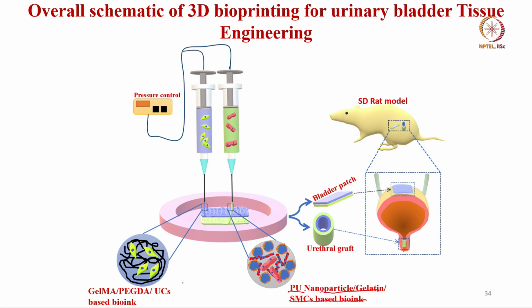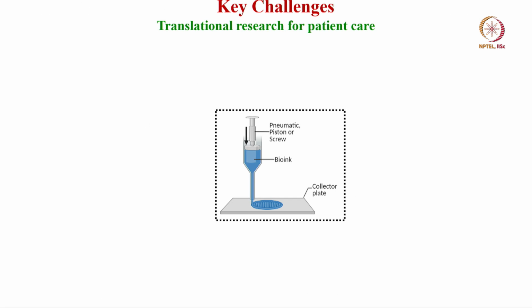So two different kind of bioinks, you can print it or coaxial printing. Then you can essentially construct either urethral graft or bladder patch, and then for bladder patch you can use it for the urethral reorgan augmentation purpose, or urethral graft for graft regeneration reconstruction purpose, and then you can put it in the rat model for the preclinical studies and so on.